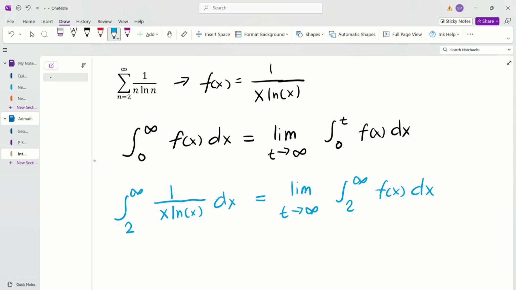At this point, let's evaluate the inner expression.